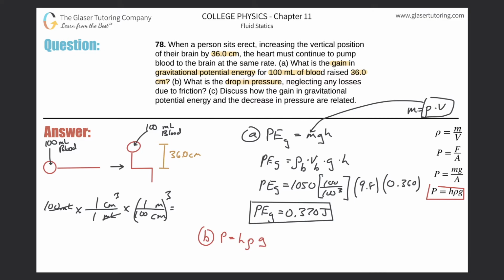Now the thing is, what should the height be? Should it be positive or negative? That's the question. This is kind of the reverse of all these height problems we're used to dealing with. If you have a column of fluid here, we're used to saying you're starting at the top, this is your initial height, and then this is your final height, where you're trying to find the pressure at the bottom of this column.